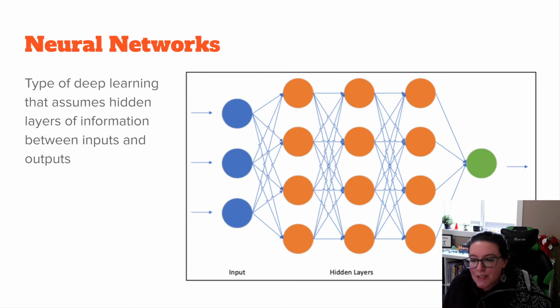And the input then is going to be multiple variables if we're doing classification or regressor type models where we're trying to determine if it's a penguin. We look at different physical features. Those are the inputs. But it identifies hidden layers in between that input and output.